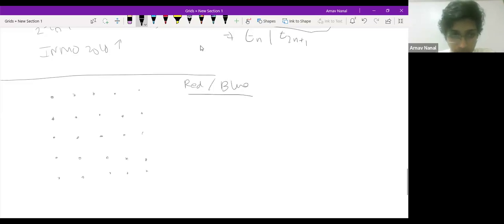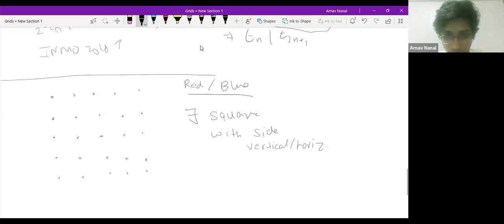You have to show that there exists a square with sides parallel to the coordinate sides, I mean, sides are either vertical or horizontal, such that at least 3 of the vertices have the same color.